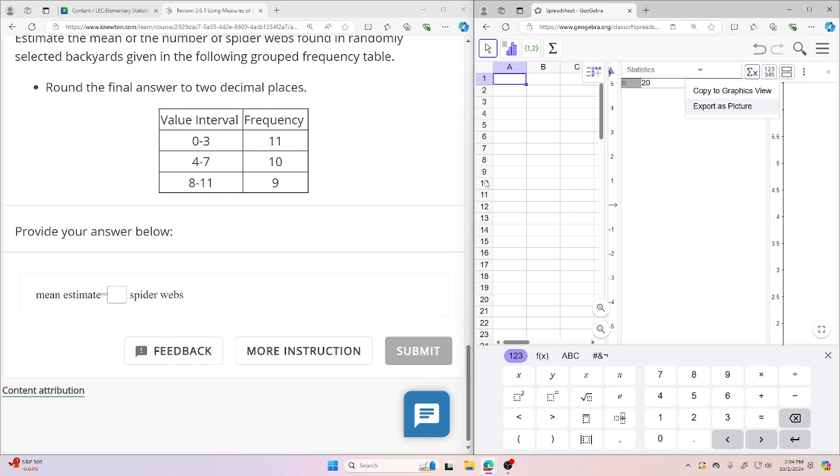We have to put the midpoint. So 0, 1, 2, 3, and what's in the middle would be 1.5, right? So I'm going to put 1.5. Okay, and then 4, 5, 6, 7. So that would be 5.5. It's in the middle. 9.5.